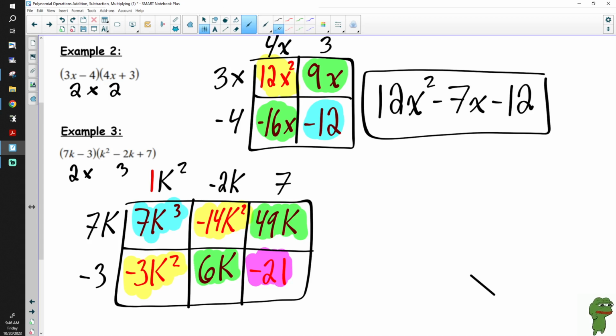Yep, and then you're going to add together your like terms. Keep going down the list.